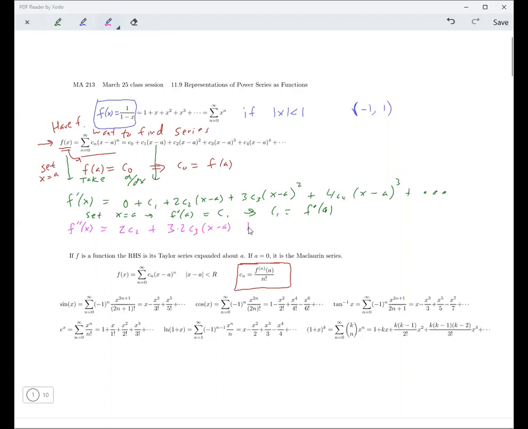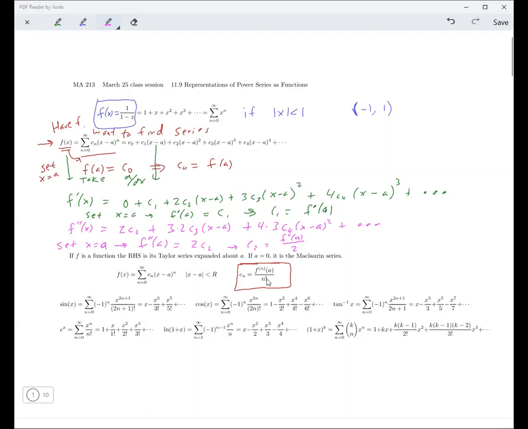And then a 3 comes down from here. You set x equal to a again, and you have the second derivative of a equal to 2 C2, because putting an a here also makes that go away. And so C2 would be f double prime of a over 2.